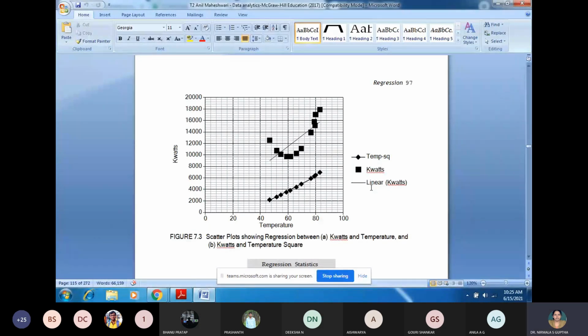When it hits the bottom at a certain value of the temperature, we can see a linear relationship between the kilowatts and the temperature in Fahrenheit, shown as small squares. That is A and B. A is the above one in the scatter plot and B is the below one.